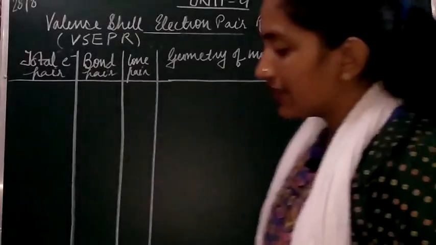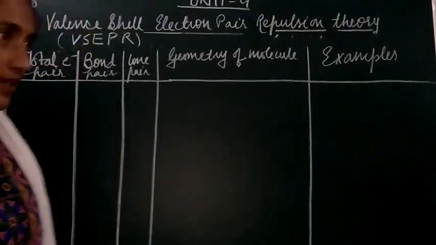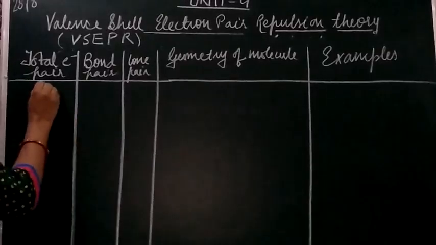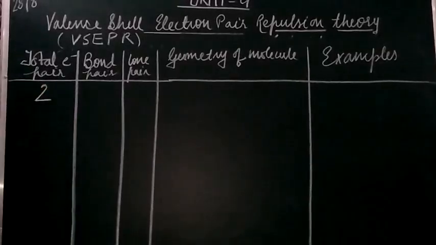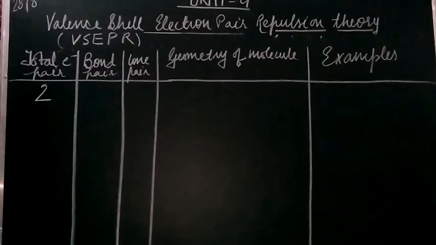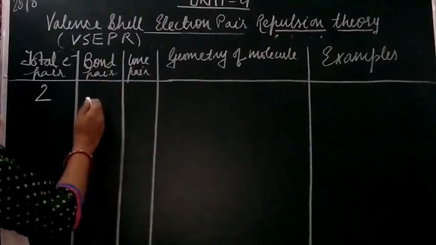Now let's start with the case where we have only two electron pairs. In that case, the bond pairs, how many will there be?